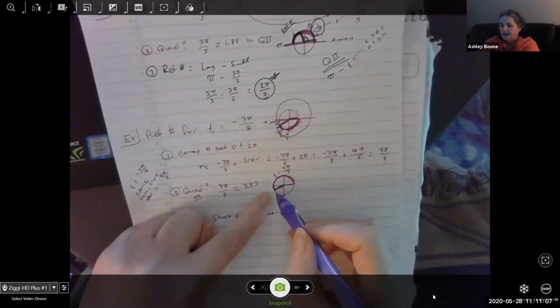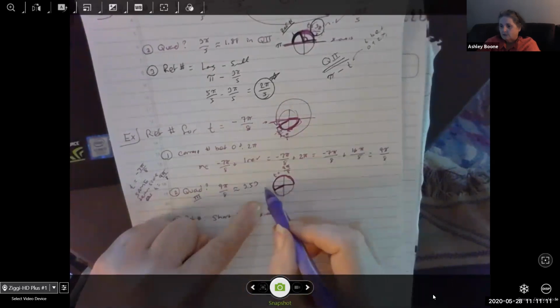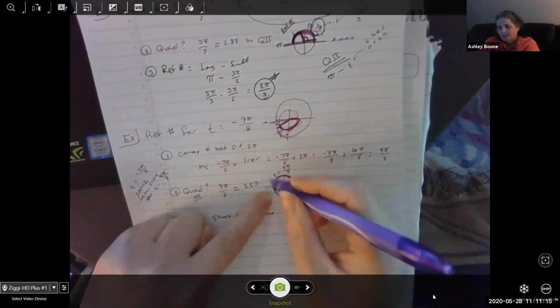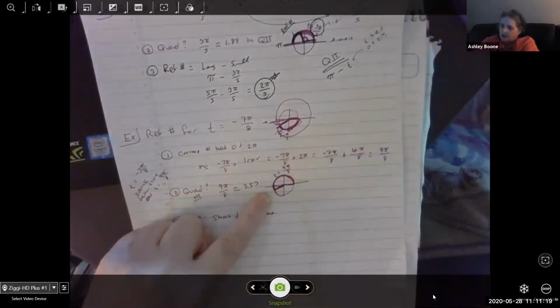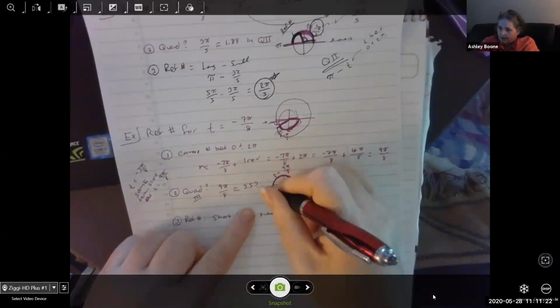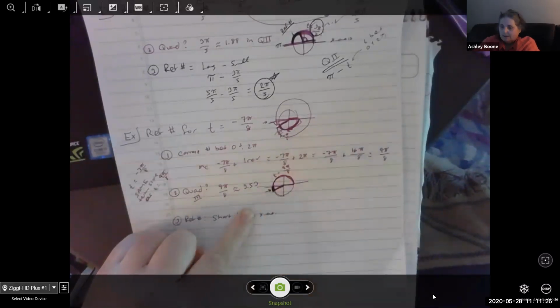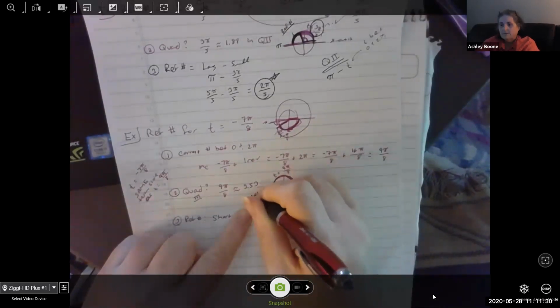Your distance to the x-axis can be over here to get to this part of the x-axis, or it can be this little bitty distance here. We want the shortest. So we're actually wanting this distance right here. This little itty bitty distance right here is our reference number.